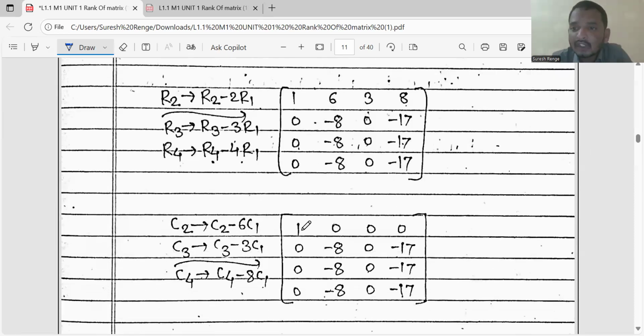Now what is the next procedure? Whatever elements are available in the row beside the leading element, make them equal to 0. That means we want to make 6 equal to 0, 3 equal to 0, and 8 equal to 0.